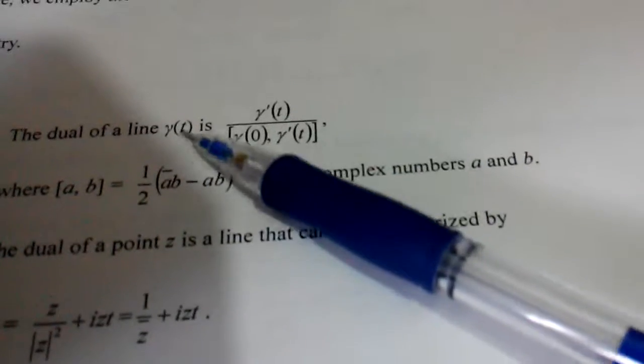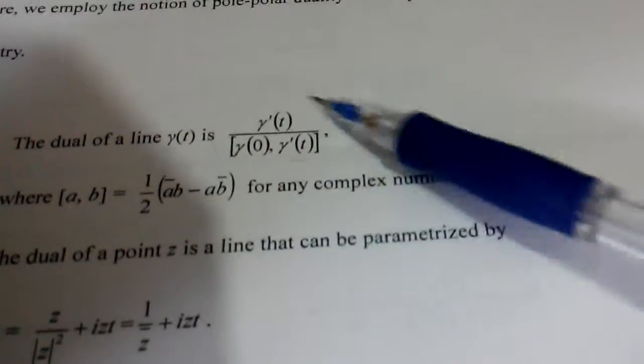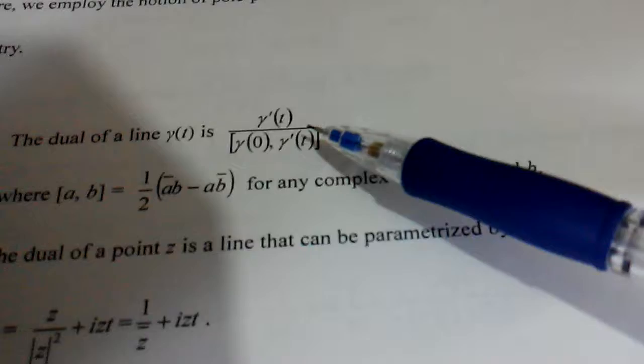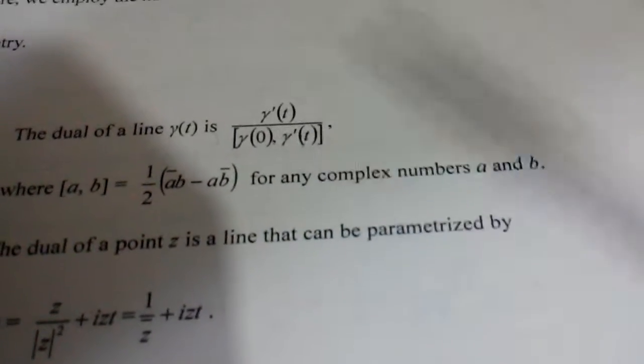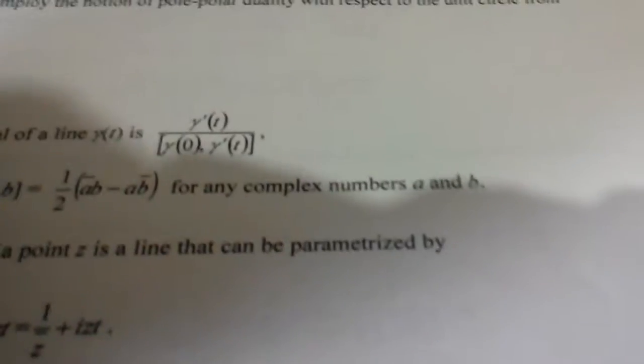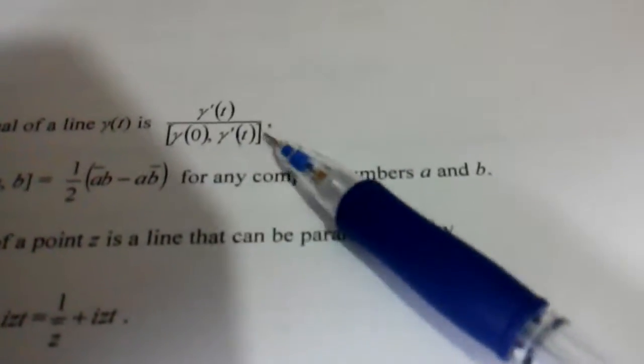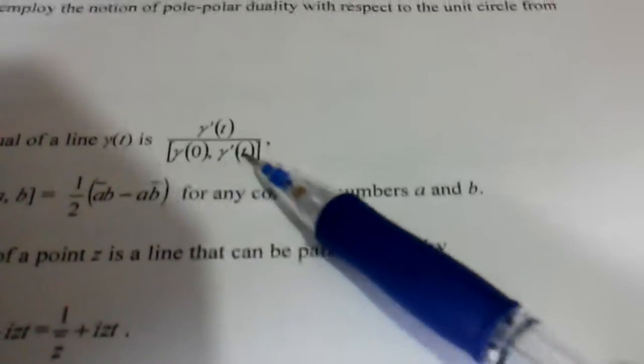If the dual of a line is given by this formula, there is a problem if gamma 0 and gamma prime t are parallel. Why? Because if these 2 complex numbers are parallel, then their cross product will be equal to 0. But what does that mean?